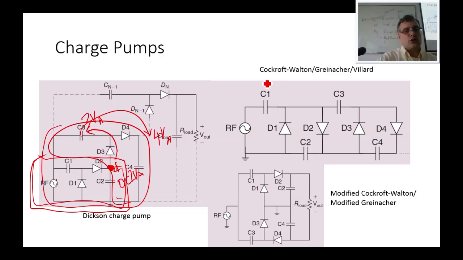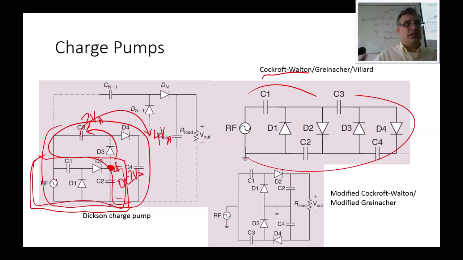It's interesting that the Cockcroft-Walton topology really resembles, well, Cockcroft and Walton were not electrical engineers per se. They were physicists conducting some high voltage experiments. I think they were building some of the first colliders, where you use a high voltage to try to smash atomic particles. Their system was actually mechanical.